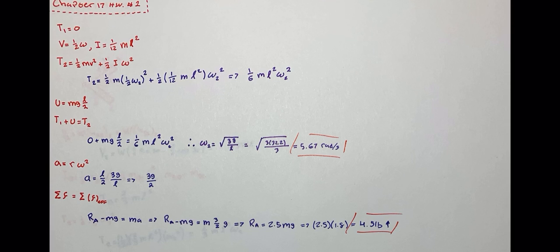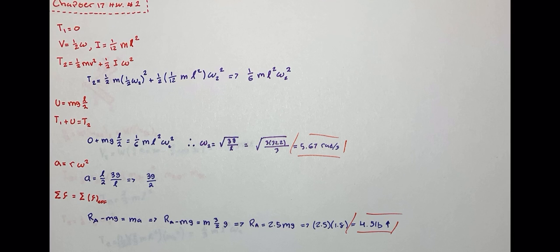We can solve for T2, which should be 1/2 mv squared plus 1/2 I omega squared. And we can plug in our V and our I, and we can solve for T2 to be 1/6 ml squared omega 2 squared.